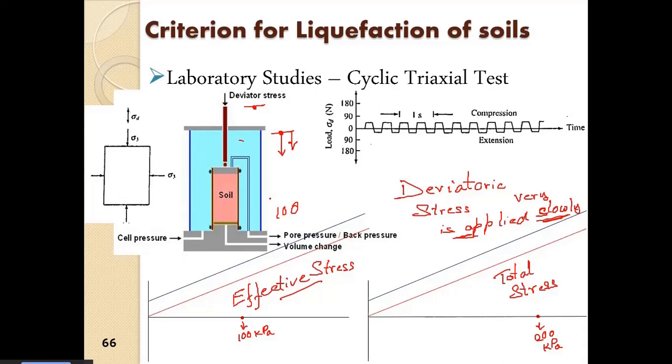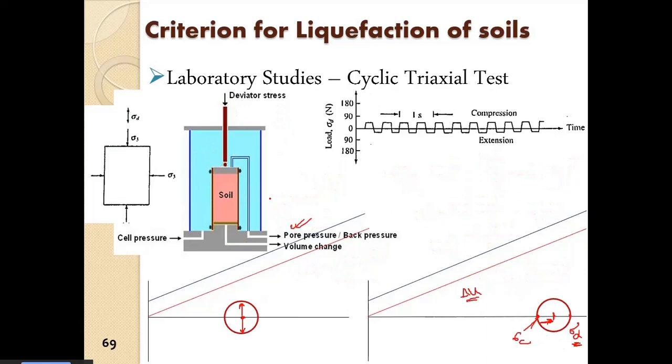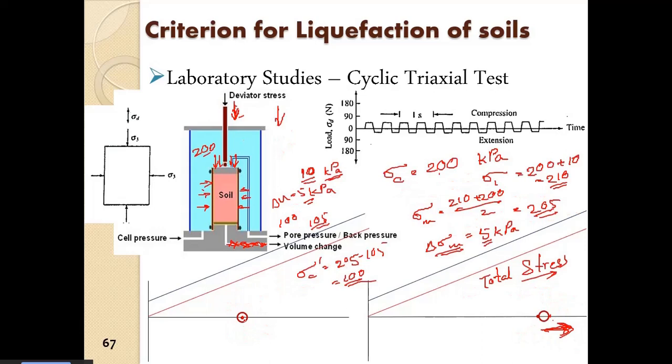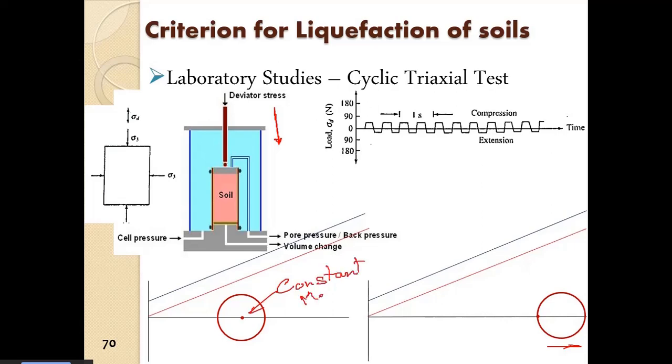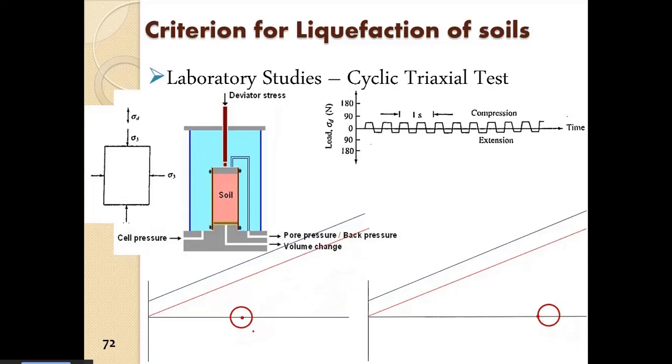So it is very slow, right? Just to see whether the effective confinement in the sample is as it is in the field condition or not. So here we can say that the constant mean and extreme principal stress is satisfied as in the in situ condition.